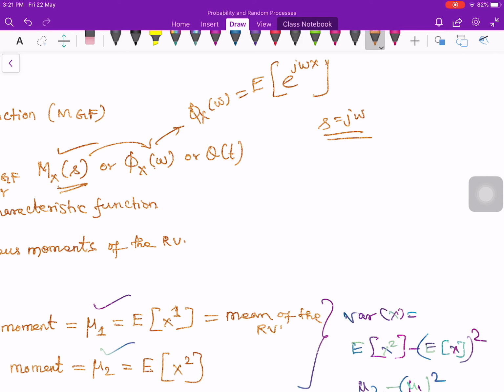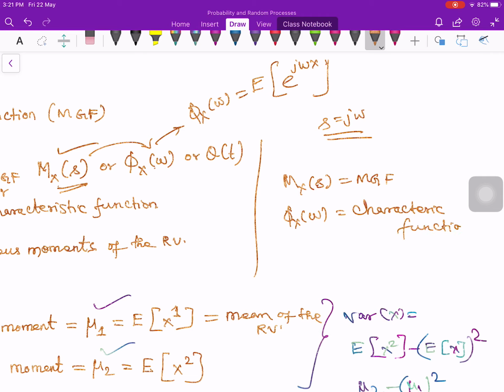M_X of s is called the moment generating function, and phi X of omega is called the characteristic function. Simple slight modification, that's it. Nothing changes actually. Either you can use this formula or this formula, but if you use the characteristic function phi X of omega, you have an additional factor, that is 1 by j, 1 by j squared, 1 by j cubed, like this.